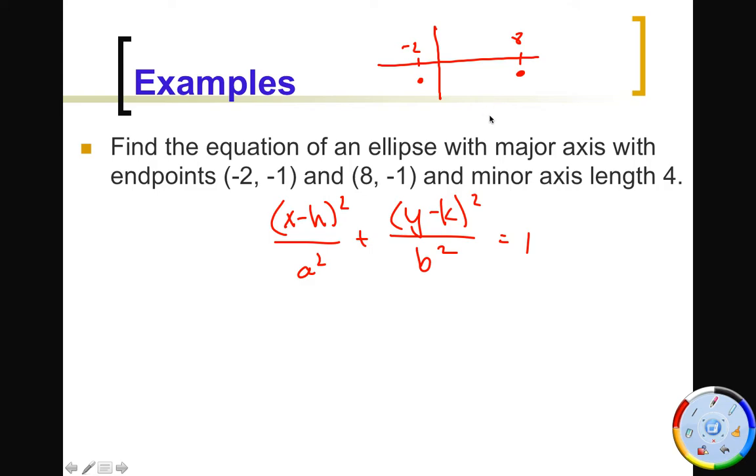Now, the center has to be halfway between my two vertices. The distance from here to here is 10, so halfway between is 5. If I go 5 units in either direction, this comes out to a 3. So my center is at the point (3, -1).